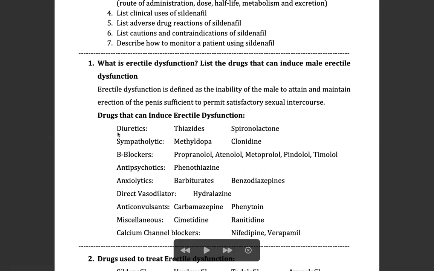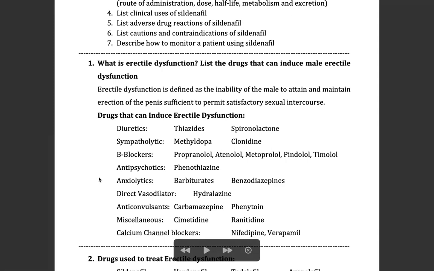So these categories of drugs: diuretics, sympatholytics which are centrally acting, beta blockers, direct vasodilators, and calcium channel blockers, are all used in the management of hypertension and may be responsible for male erectile dysfunctions.